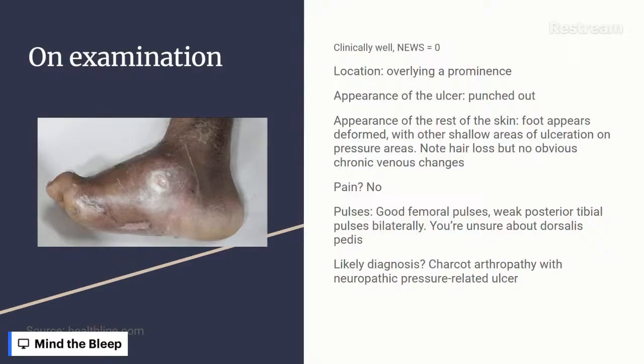So really, it was a bit of a cheeky case because there are multiple things that may get you to suggest one type of ulcer over the other. For example, his diabetes may help you to suggest that it's a neuropathic ulcer. Smoking history, again, especially with there being some hair loss on examination, may point you towards there being a level of arterial disease.